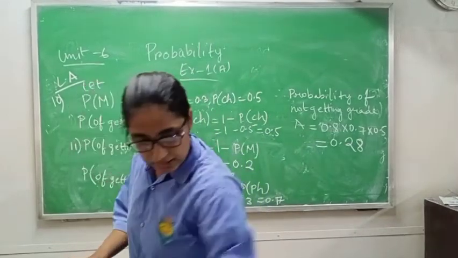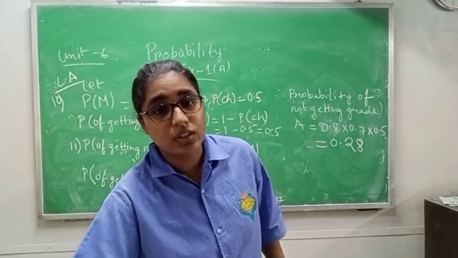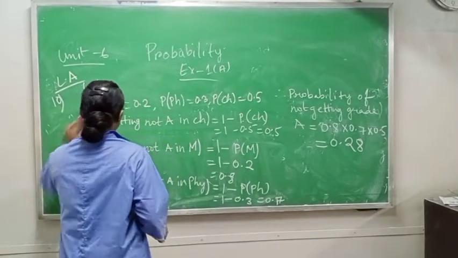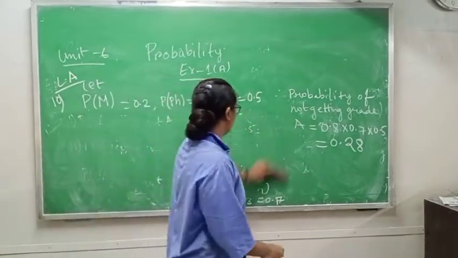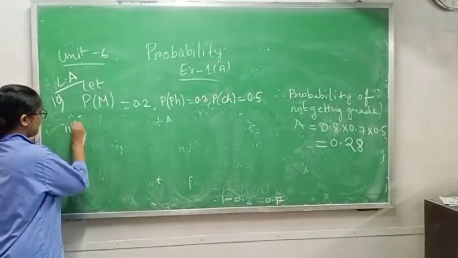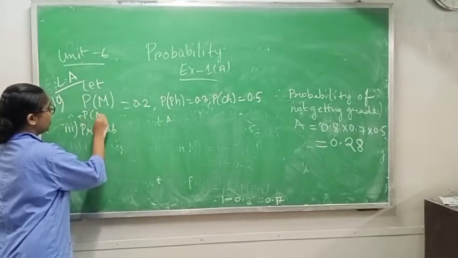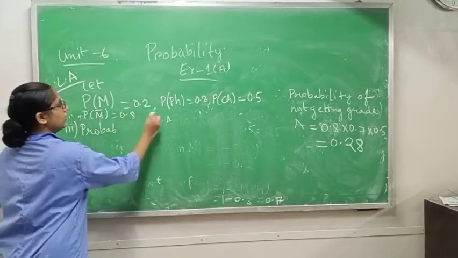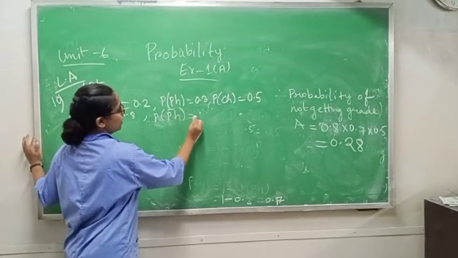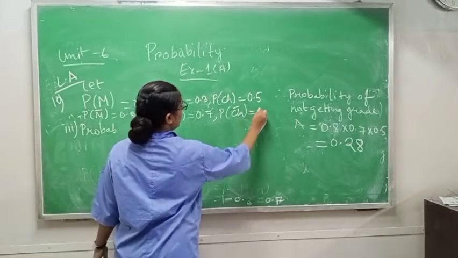Now in the third part, they are asking about two subjects: the probability of getting A in only two subjects, means in the third subject he or she is not getting A. So P(M bar) you got 0.8, P(PH bar), meaning not getting, is 0.7, and P(CH bar) you got 0.5.